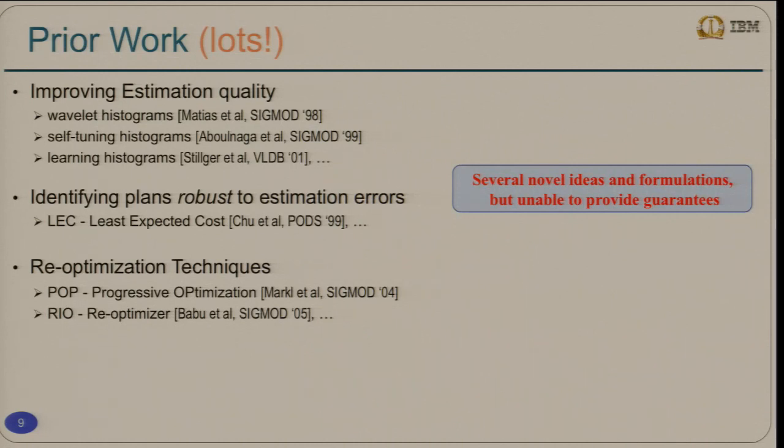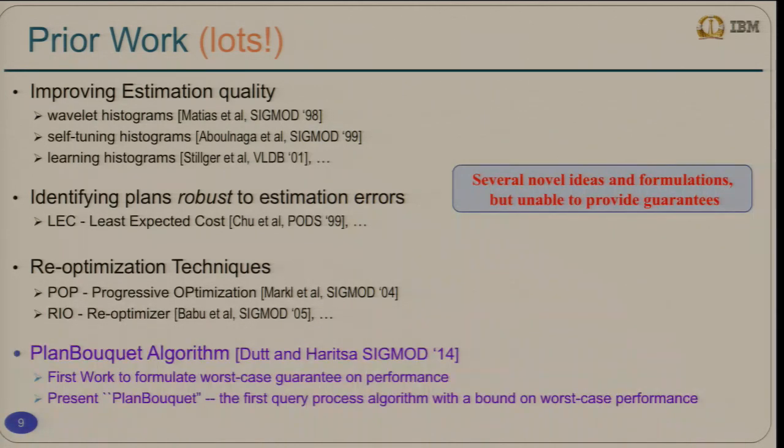So the first work is the work that Professor Jayant Haritsa and his student Anshuman Dutt did in 2014. The algorithm is called the PlanBouquet algorithm. They came up with a formulation of a particular robustness metric called maximum sub-optimality, which I will talk about, and they showed that there is one algorithm which gives a reasonable bound on the worst case performance hit that a query engine can take if it follows the PlanBouquet algorithm.